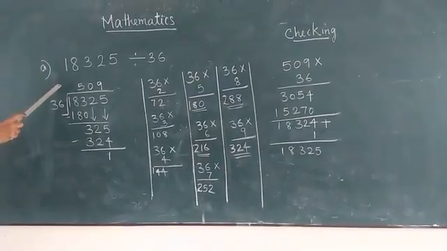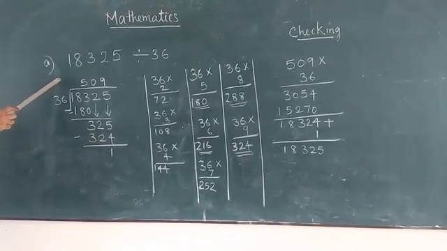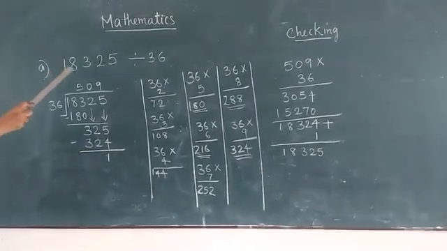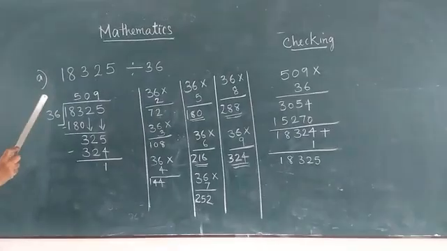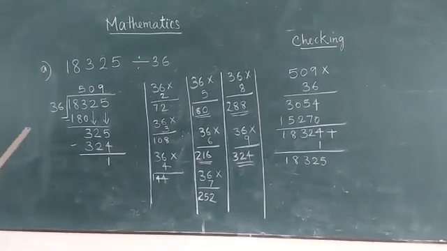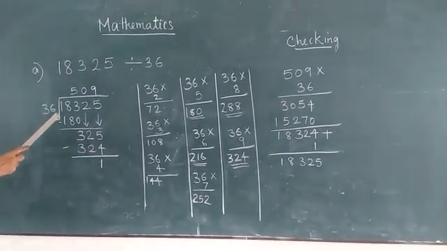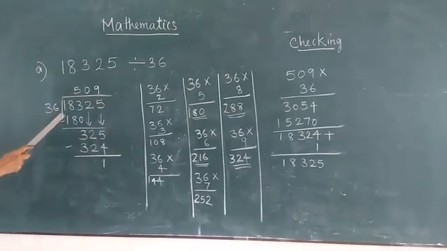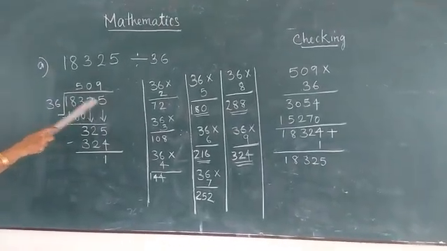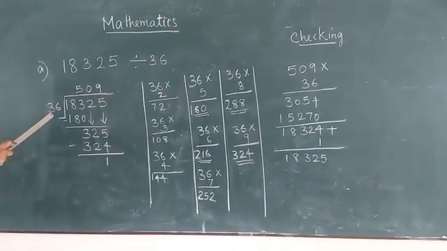Listen, class. Here we divide 18,325 by 36. So at first we will write like this: here the dividend, here the divisor.